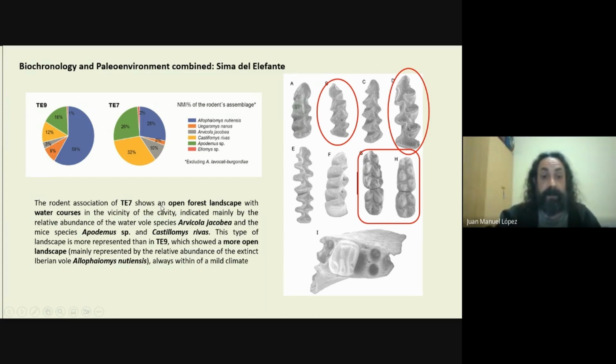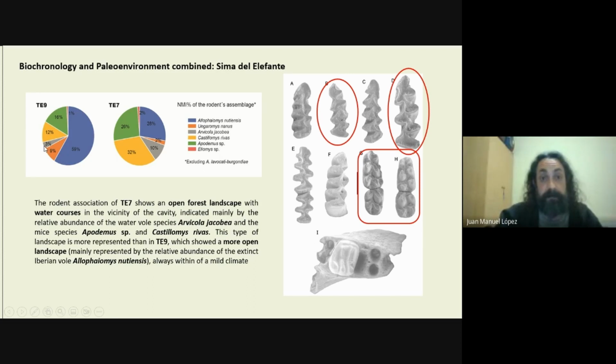In T7, we can see an open forest landscape with water courses, where the most abundant species are, for example, Arvicola jacobea, which represents 10%, or Allophaiomys nutiensis, together with Castillomys rivas, representing 28 and 32. And the representation here is very different.